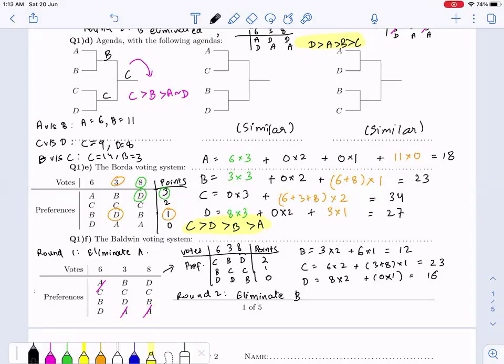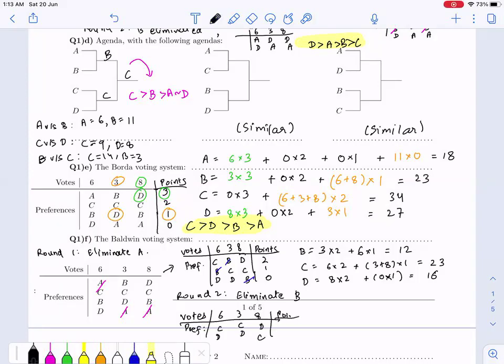So eliminate B. So this time, after eliminating B, the voter profile would look something like this. We have C, D, C, D, D, C.